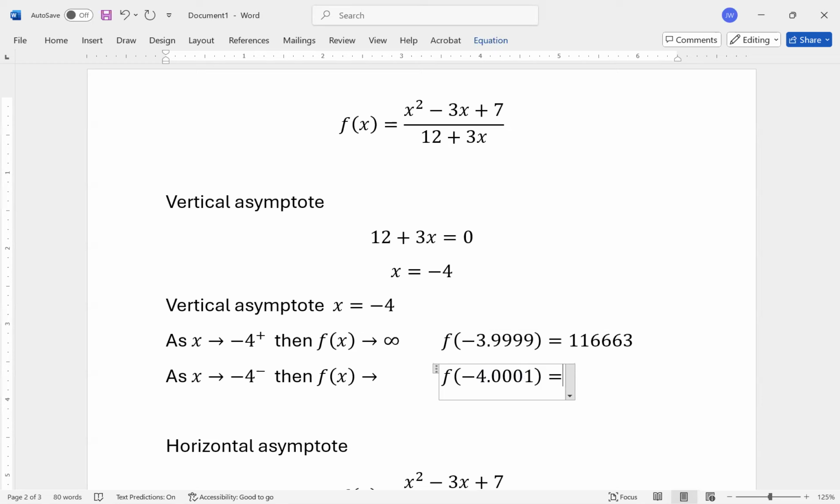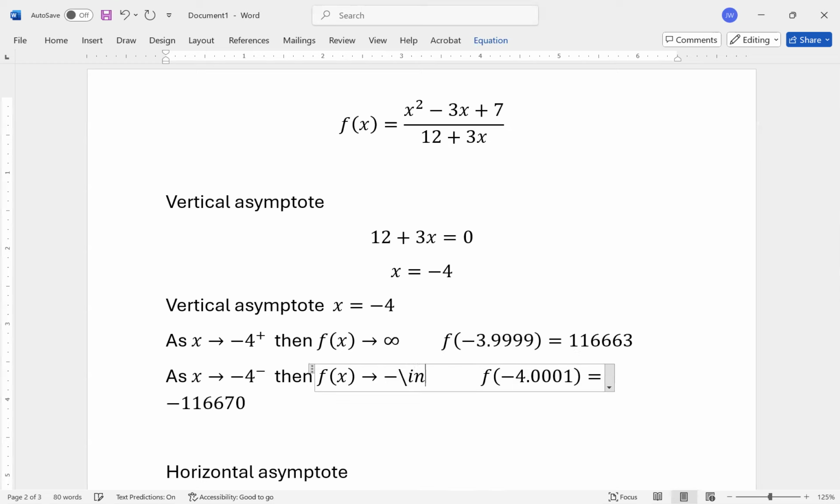If I plug in negative 4.0001, then my output is negative 11,667.0. By the way, these are rounded numbers. Notice that's a negative, really big number. So that tells me my function value is shooting off towards negative infinity in that case.